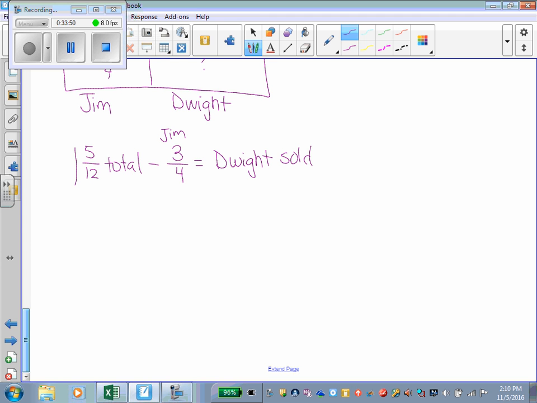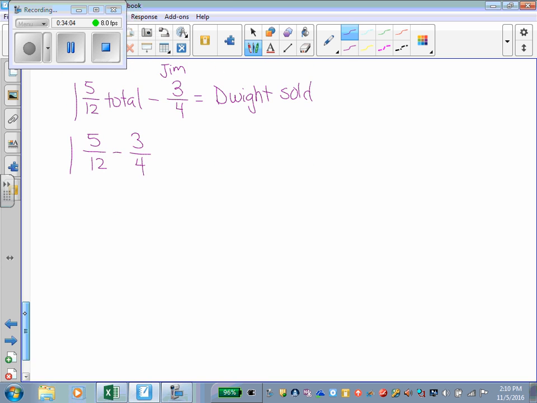So doing our subtraction just like we have done with a mixed number before, we have 1 5/12 minus 3/4. Take a look at those denominators. Is there a denominator here that can become the other denominator? We have 12 and 4.